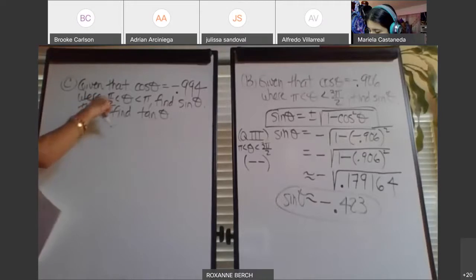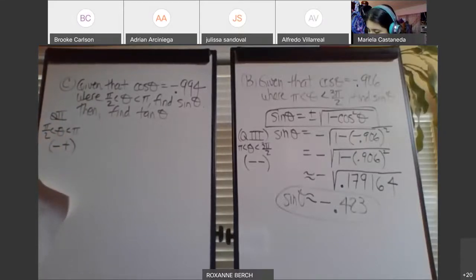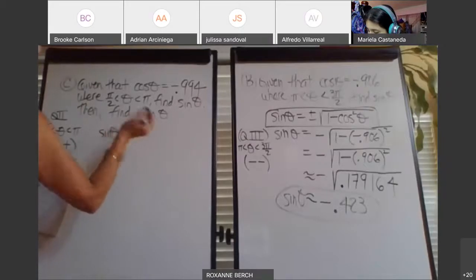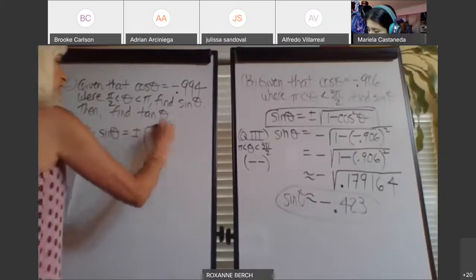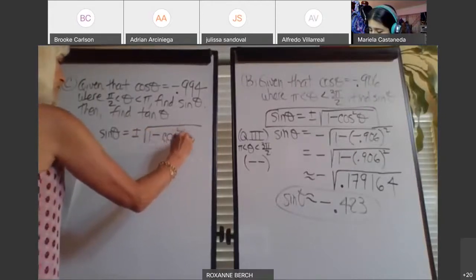This little restriction, where it's saying theta is less than pi and greater than pi over 2 radians, your calculator is still in radian mode. This is saying that you're in quadrant 2, where the signs are negative, positive. Keep that in mind. All right, so they want us to find sine of theta, and you probably already have this memorized by now. It's plus or minus a radical, 1 minus cosine squared theta.